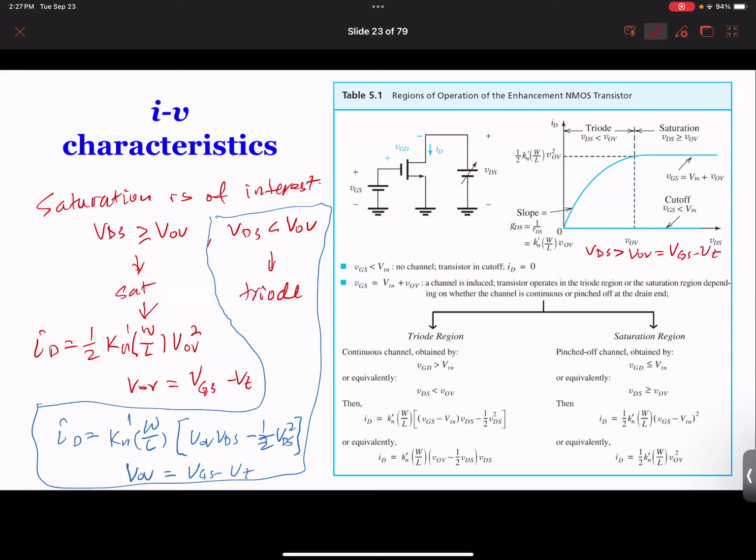So we can say that, using VTN here, VDS minus VGS has to be larger than VTN. But what is VDS minus VGS?